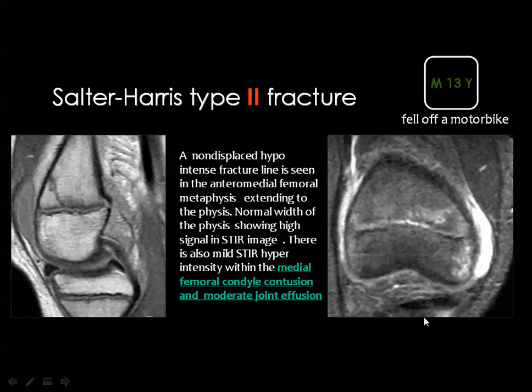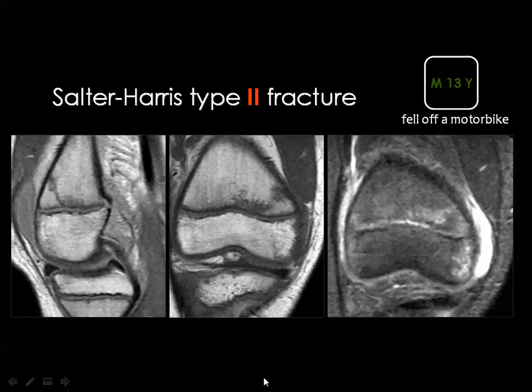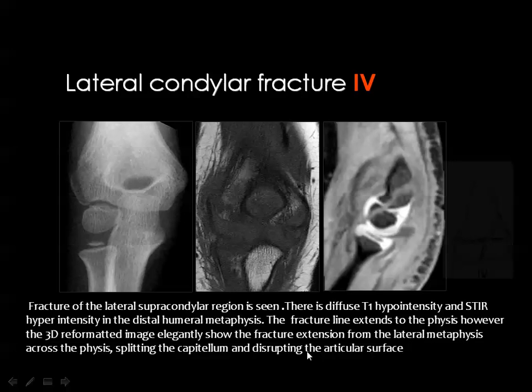In the coronal T2 gradient imaging, you see bone marrow edema of the metaphysis as well as the epiphysis with some joint effusion. And this is a coronal T1 weighted image showing the edematous changes as well.